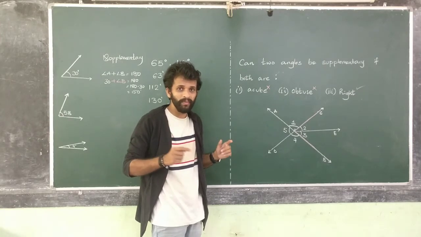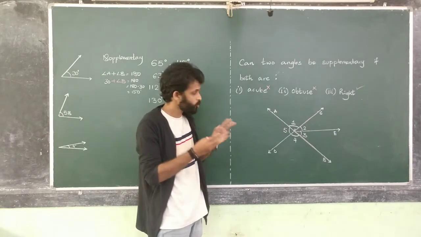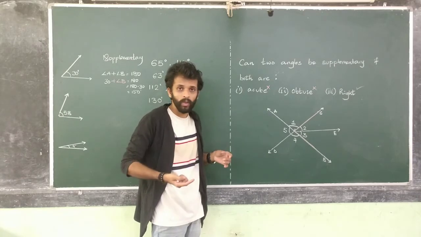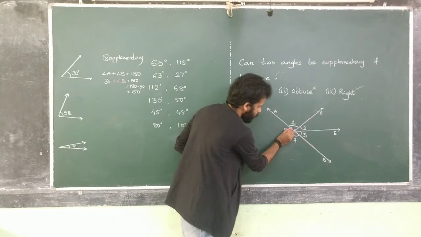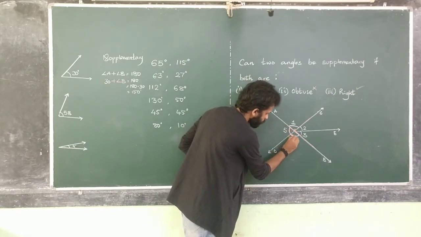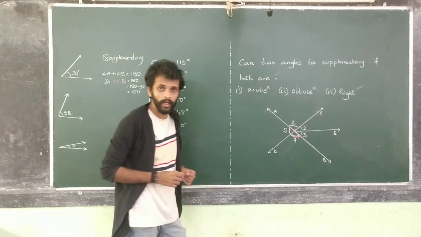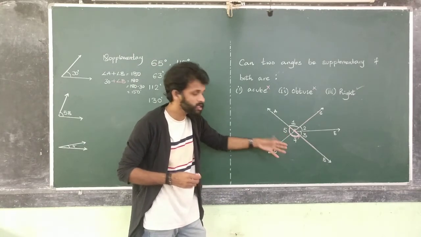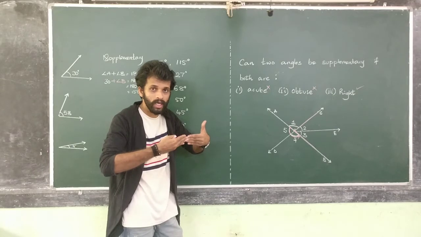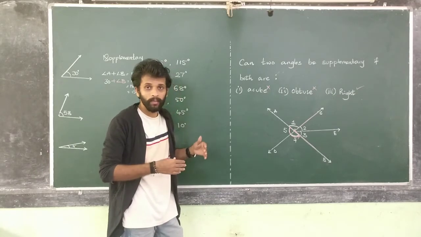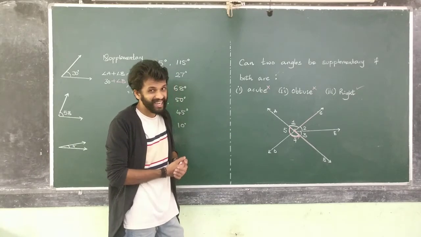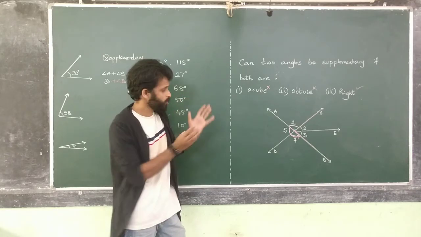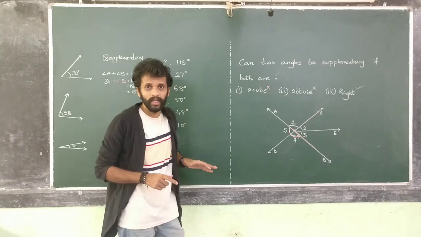What was the idea of linear pair? Two angles should be neighbors and the sum of them has to be 180. So this is 180 over here and two angles. When the sum is 180, they can be called a linear pair. I can also call them adjacent angles, but the best name to give them is linear pair.